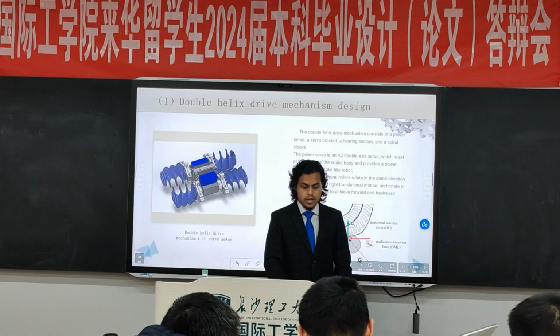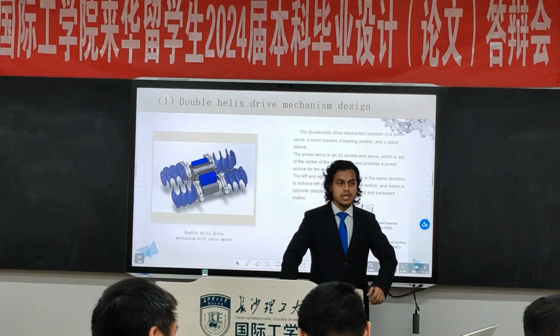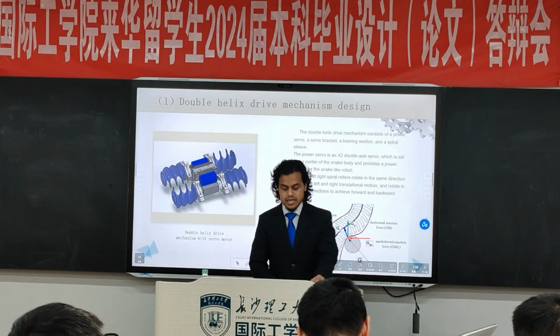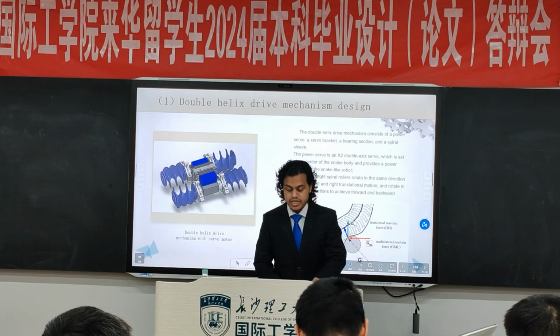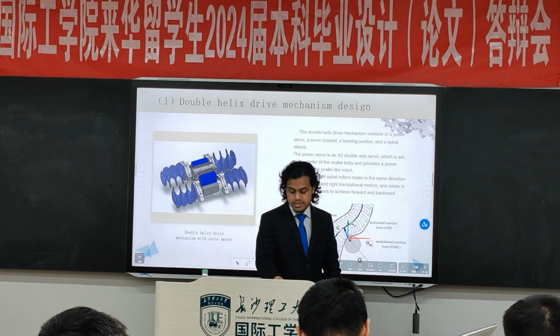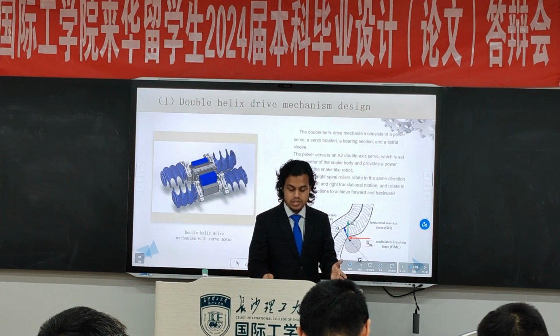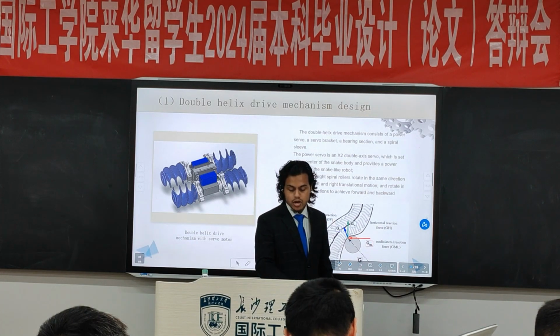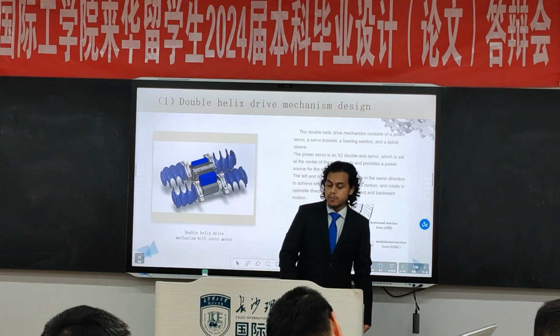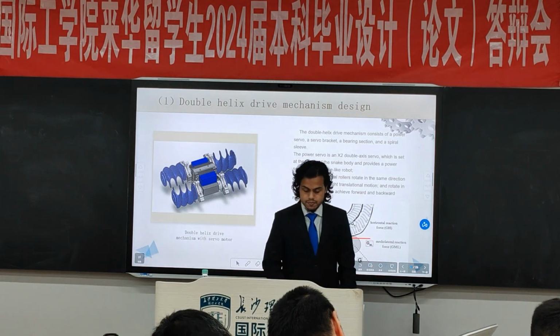So, double helical drive mechanism design. We need to understand the main basis of the motion. Here, I have analyzed the distributed forces, GV, GH, and GML, which are the vertical reaction force, horizontal reaction force, and medial reaction force.